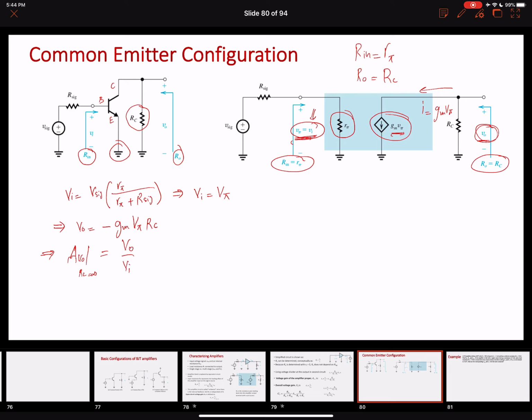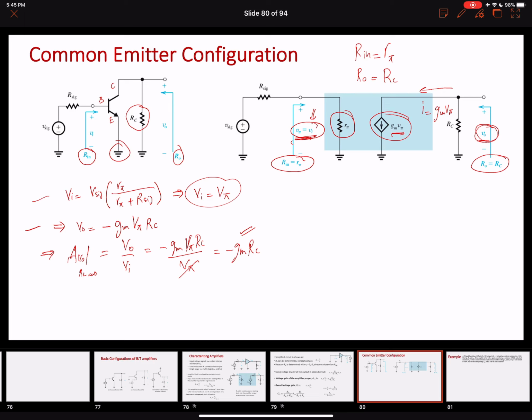So we can easily see from this equation and this equation, V naught equals minus GM V pi RC, divided by Vi. Vi equals V pi. So V pi minus GM into RC. So this is the open circuit voltage gain.